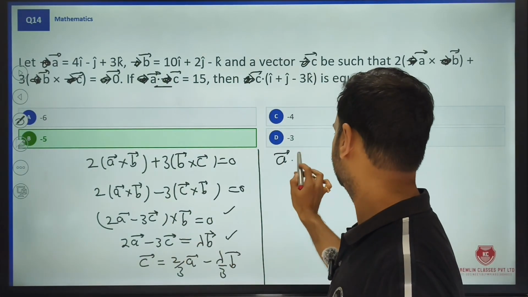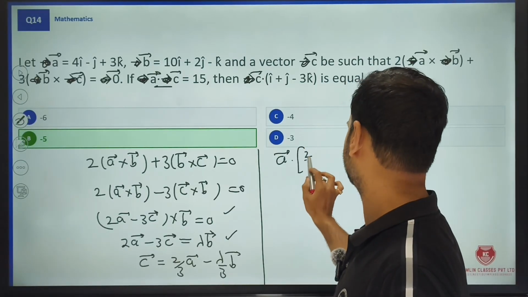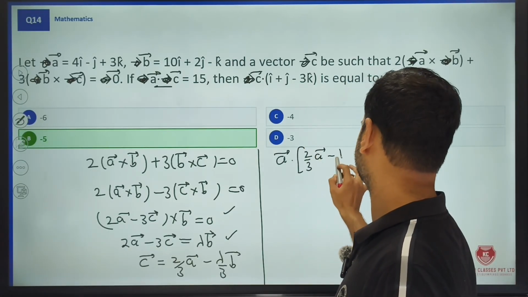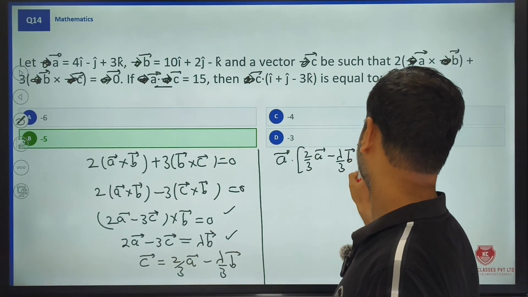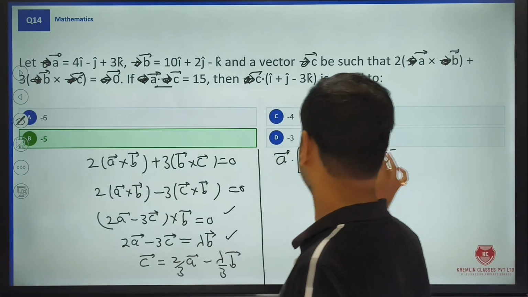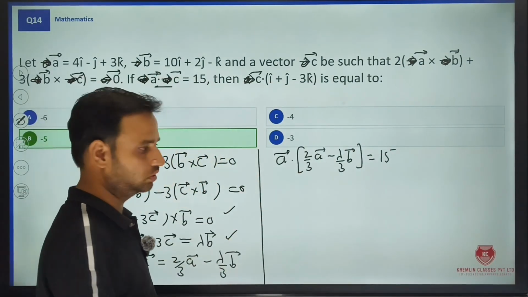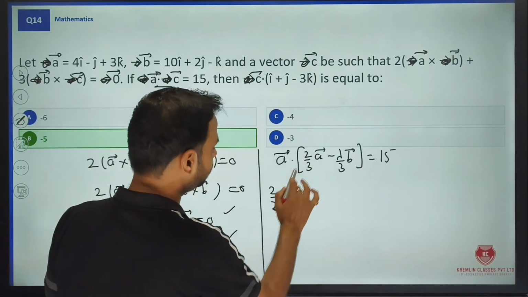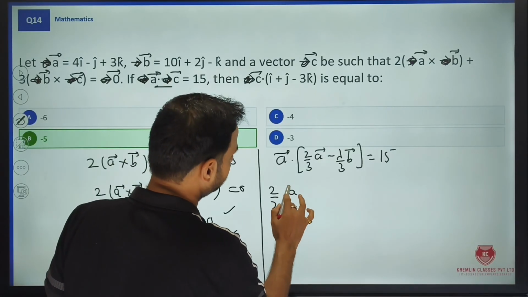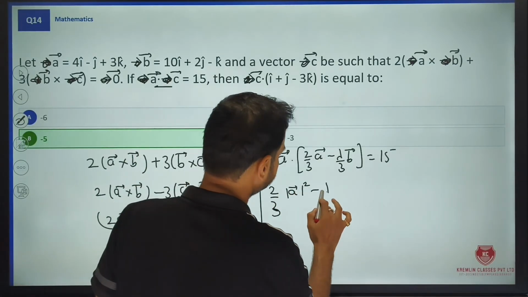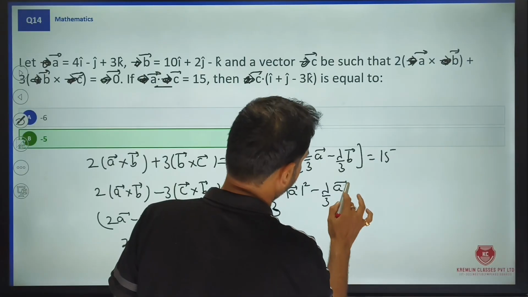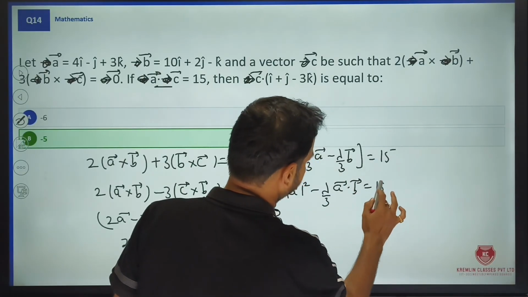A vector dot c vector, where c vector is 2 by 3 a vector minus lambda by 3 b vector, is equal to 15. This looks better. 2 by 3 a dot a is what? Mod a vector square, minus lambda by 3 a vector dot b vector, equals 15.